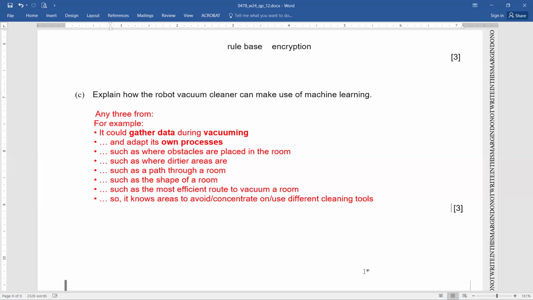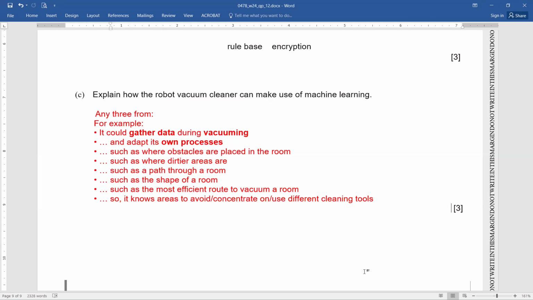This is what it does while it is performing the vacuum cleaning process, making use of machine learning, where the system is learning while doing the task. So it will know the obstacles. It will know which areas are dirtier. It will know which path to follow to clean the room. And it will know the shape of the room. So that is how it will be able to figure out the path it has to use.